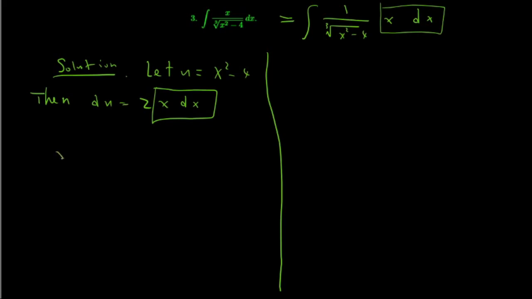So x times dx, the stuff in the box, can be written in terms of u as 1/2 times du, right? You divide two sides of the equation by 2. After writing the stuff in the box as a number times du, we are ready to write the given integral entirely in terms of u.